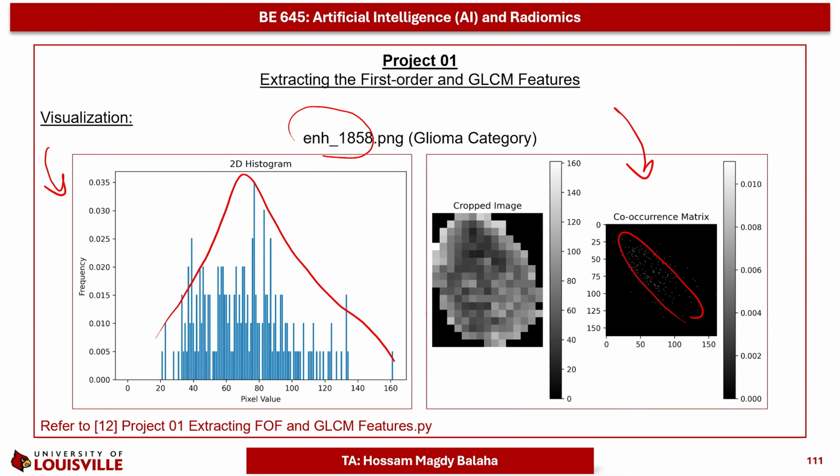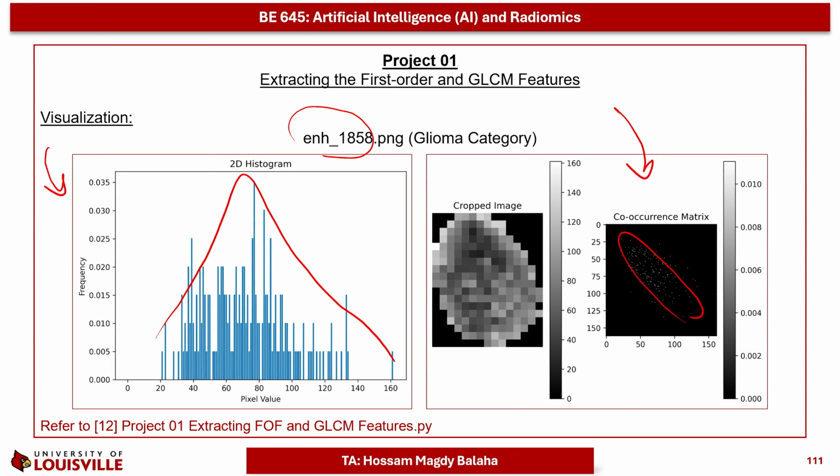And also inside a single category, you can compare 2 images from the same category. For example, you can pick 2 or 3 images from the glioma category and compare their patterns.